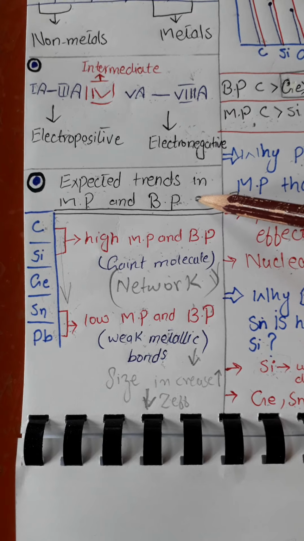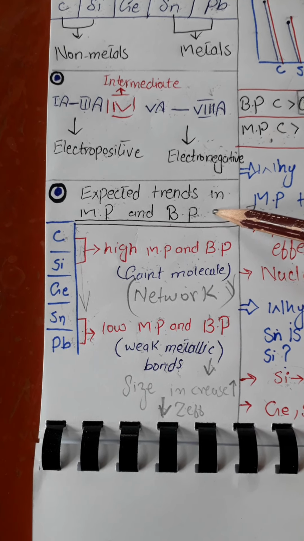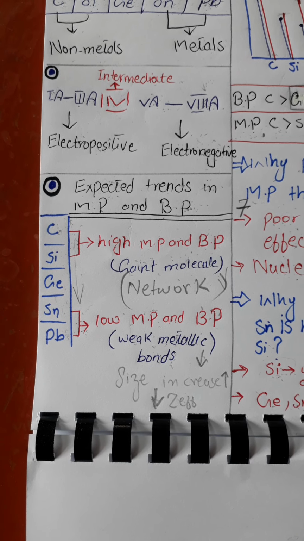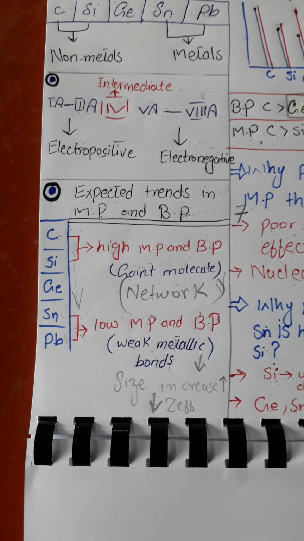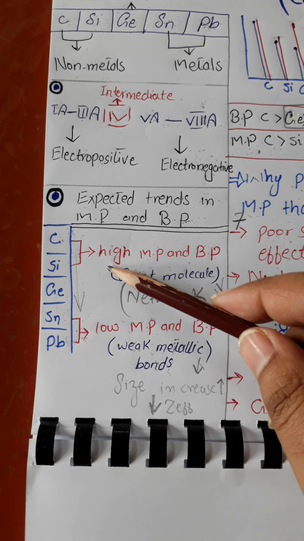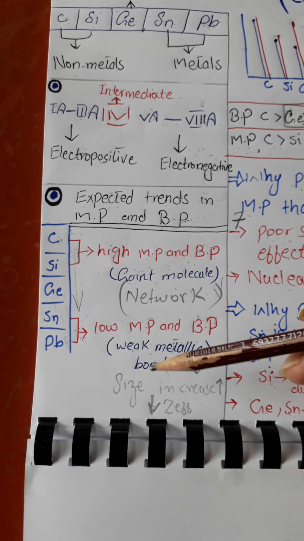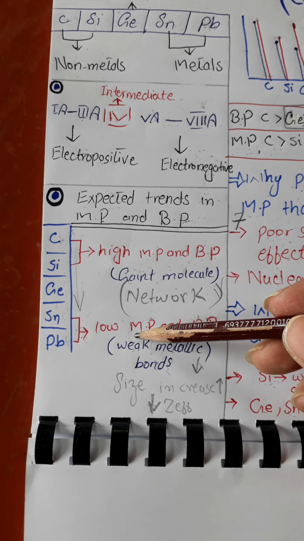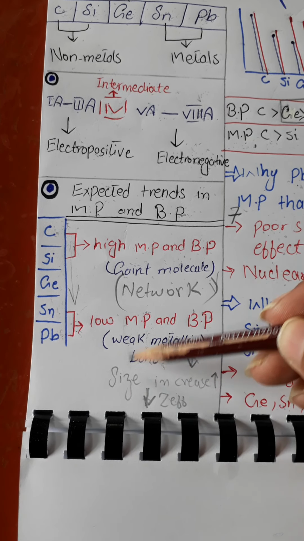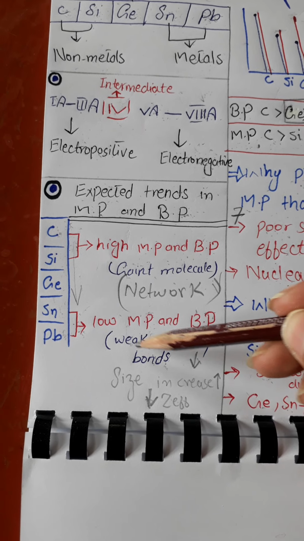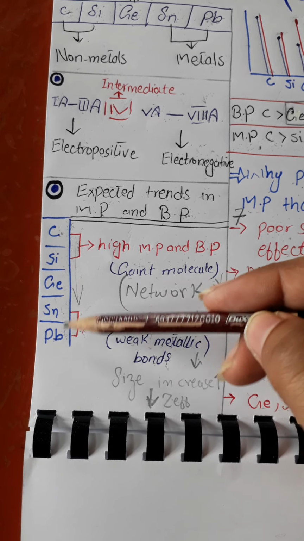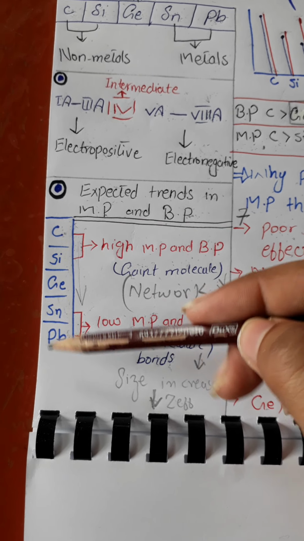So now heading toward trends in physical properties of these elements. First of all, we are going to discuss trends in melting point and boiling point of carbon family members. The expected trend is that the topmost element should have a high melting point and boiling point, while the lowermost should have a low melting point and boiling point, because metallic bond strength is going to decrease from top to bottom.